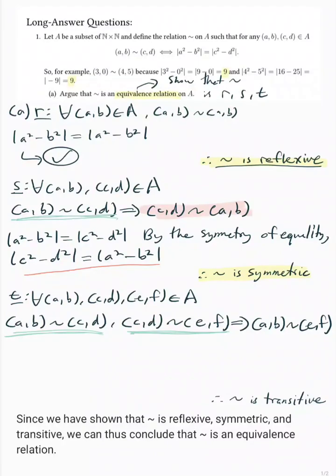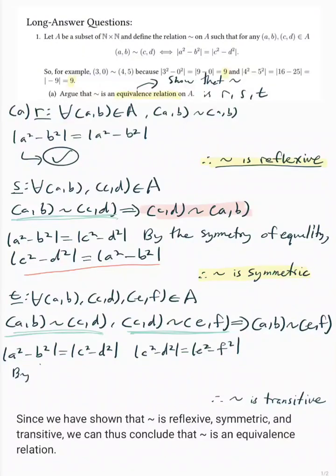Okay, so now let's assume that these two parts of our statement hold true. And now applying our definition of the relation, we can see that the absolute value of a squared minus b squared must be equivalent to the absolute value of c squared minus d squared, and the absolute value of c squared minus d squared must be equivalent to the absolute value of e squared minus f squared, just by our definition.